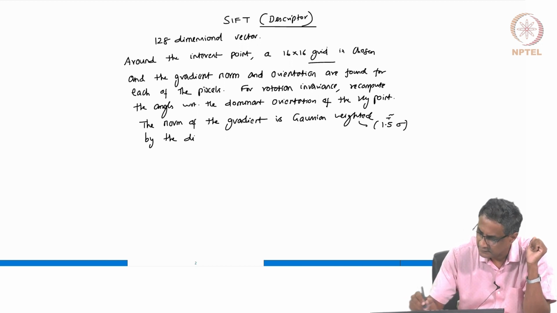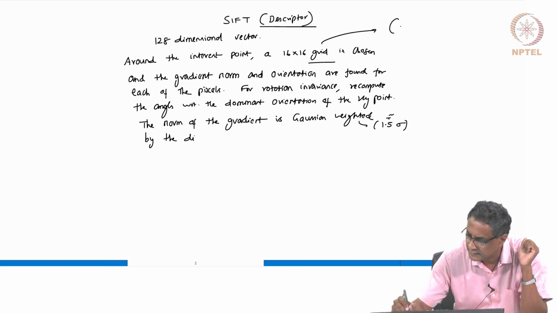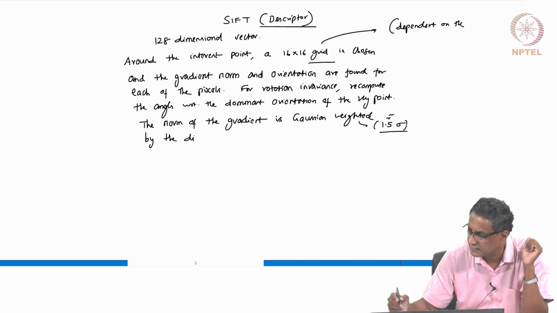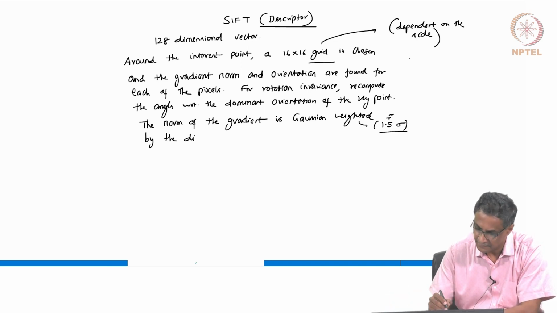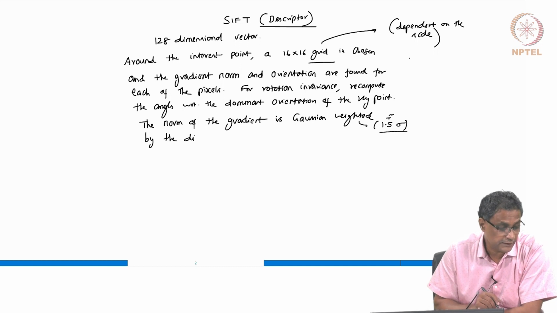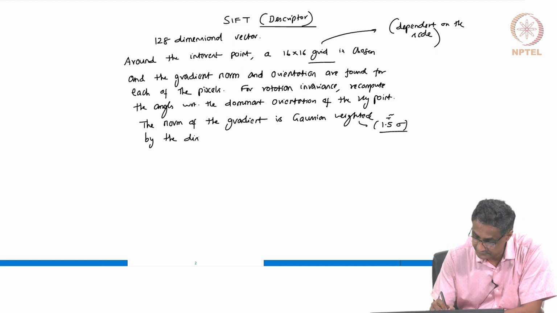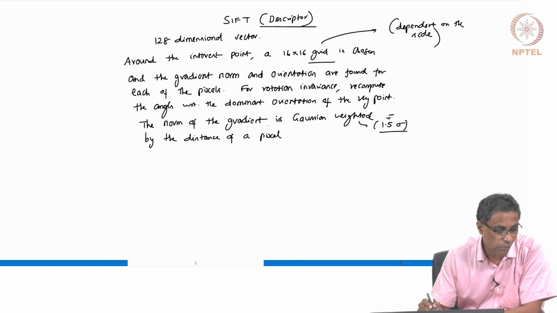This grid is dependent on the scale, in the sense that it's already like 1.5 sigma. It's Gaussian weighted by the distance of a pixel to the SIFT point.